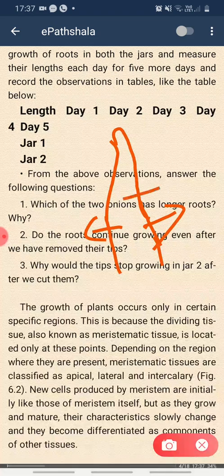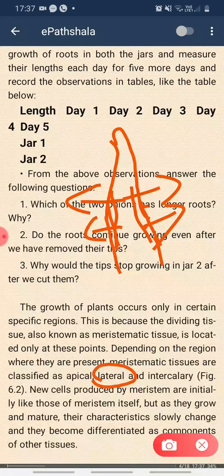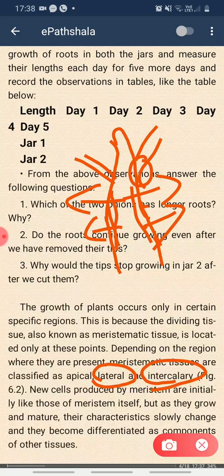So there should be some cells present here in order to increase the width of the stem. Those type of meristematic cells are called lateral meristem. And in between, suppose the branches have to come out, near the nodes, from the point where the branches come out, we call them nodes. There the type of meristem present is called intercalary.